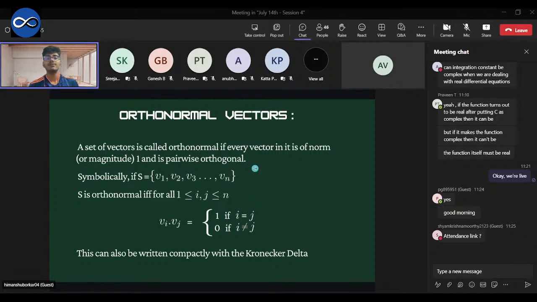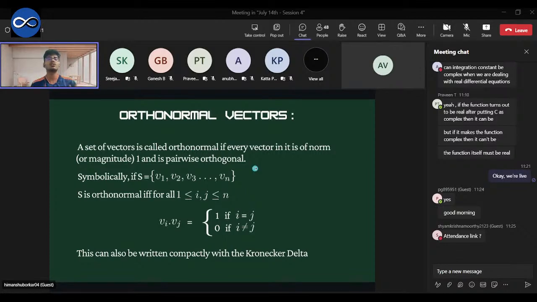So a set of vectors is called orthonormal if every vector in that set has a magnitude or norm of one and is pairwise orthogonal. So if I have a vector set S, which has v1, v2, v3, and so on till vn, then v1's magnitude is going to be 1, and it will be perpendicular to v2, v3, and so on till vn.